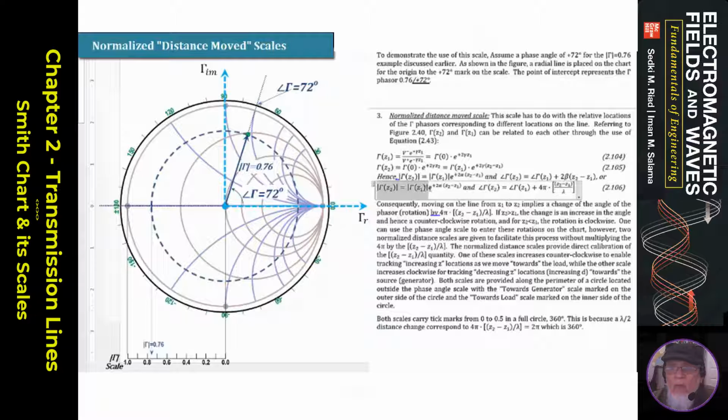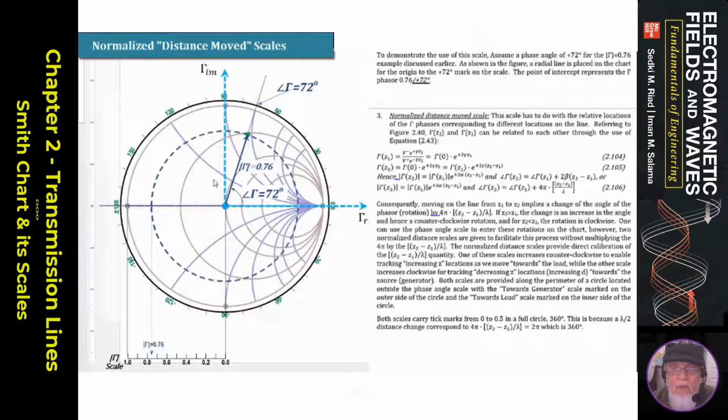If I were to ignore the loss, attenuation coefficient alpha is equal to 0, e to the 0 is equal to 1, that means gamma Z2 is equal to gamma Z1. That means as I move on the line, my gamma magnitude doesn't change. However, the angle is going to change. If Z2 is greater than Z1, that means the angle is going to be increasing. If Z2 is less than Z1, that means the angle is going to be decreasing.